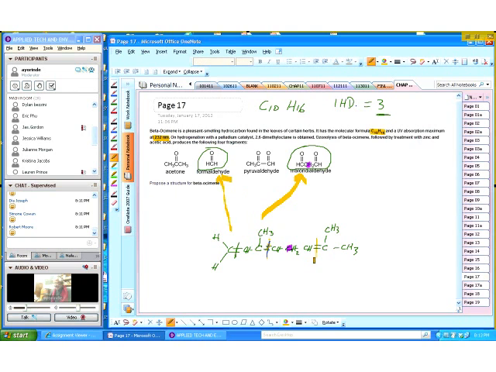Okay? When I cleave this part here, this part gives me the acetone. I'm sorry, this one here, yeah, I got that mixed up.